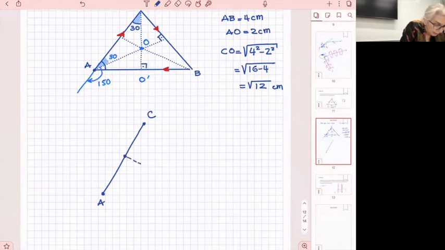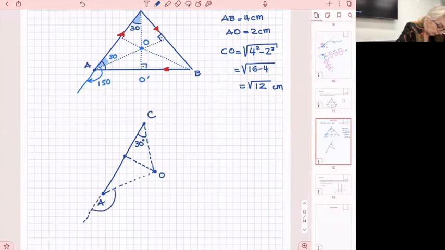I extend it by a distance, and we have to find this distance. This is going to be O. Then connect this here, this is going to be 30, and then connect this one here, and if I extend that, this is going to be 150. And the current here goes like that.